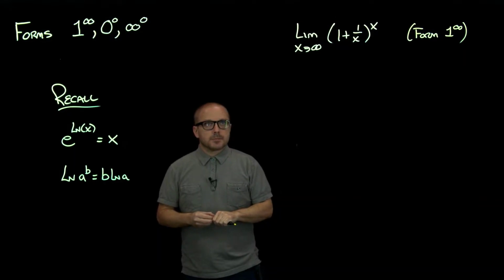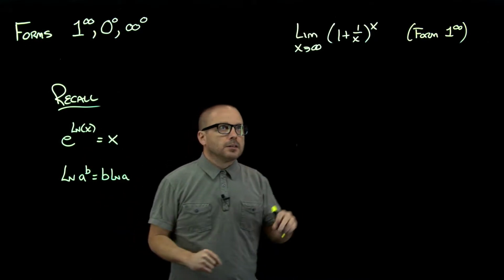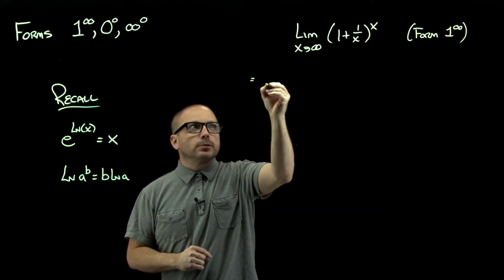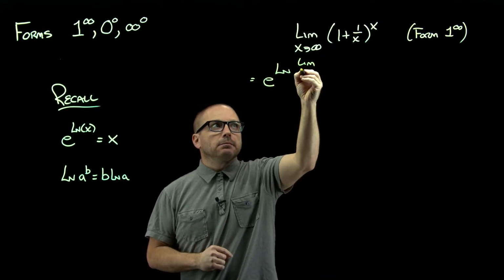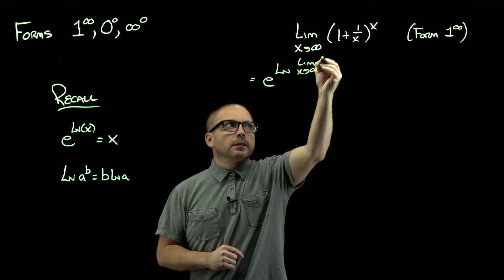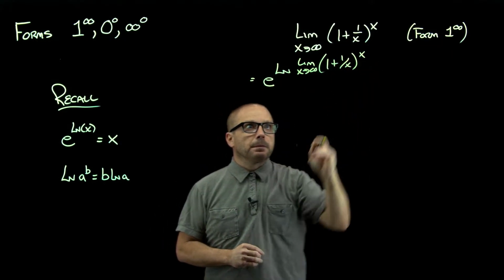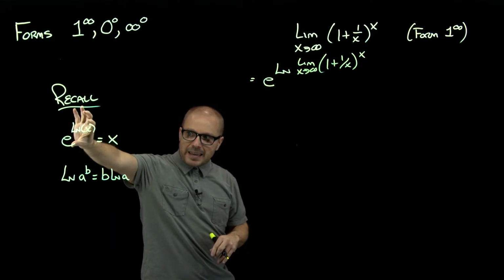Okay. So the first thing I'm going to do is introduce e and natural log. So this is equivalent to e to the natural log of the limit as x goes to infinity of (1 plus 1 over x) to the x. Right? Because of those being inverses, they cancel each other off.